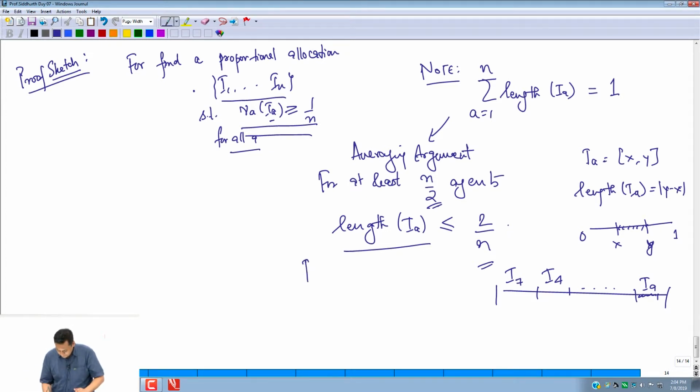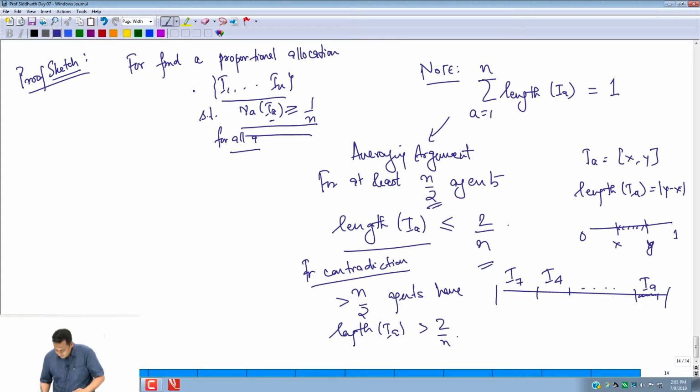Then if you sum their intervals up, the sum of lengths, just summing up these n by 2 agents, would come up to be more than 1. There are n by 2 of them, each has more than 2 by n, multiply these two numbers out, and what you get is something strictly more than 1.